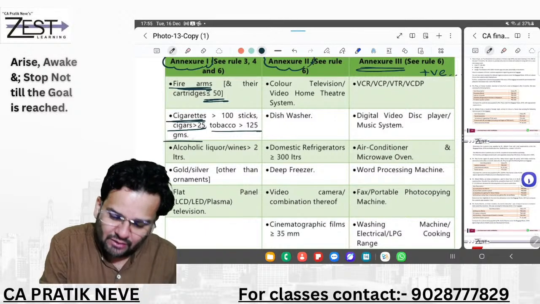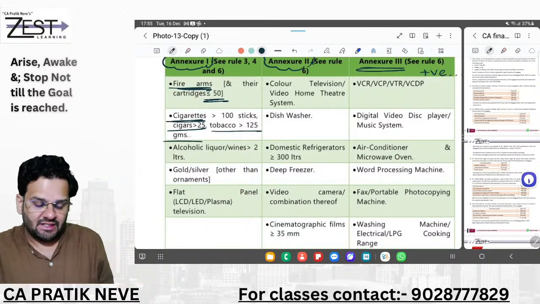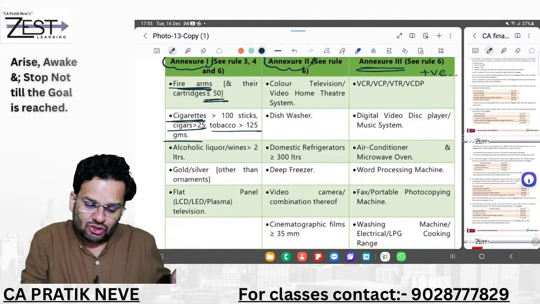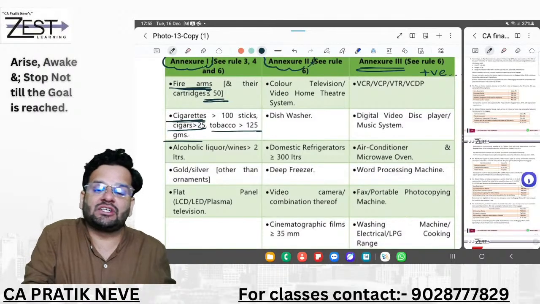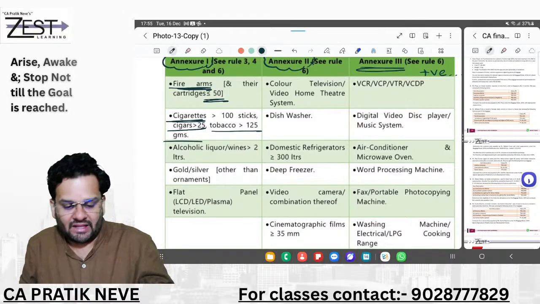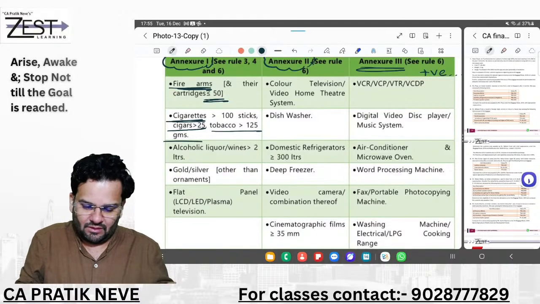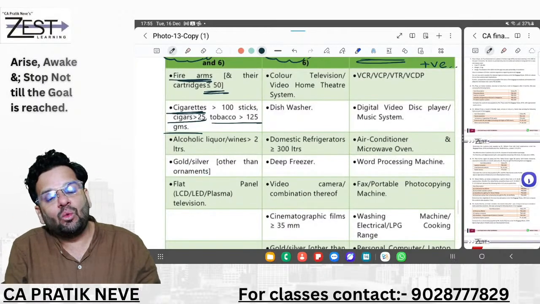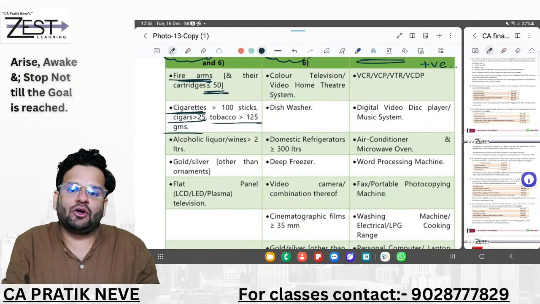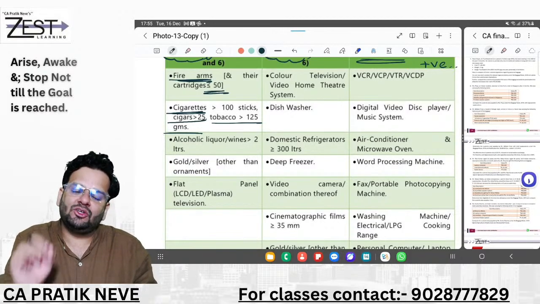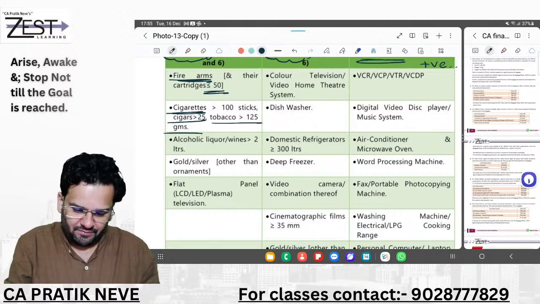Tobacco more than 125. So friends, this will fall in annexure 1. Means cigarettes in excess of 100 will fall in annexure 1. Cigars in excess of 25. Tobacco in excess of 125 grams. Firearms up to 50. So this will fall in annexure 1. If they are falling in annexure 1, what does it mean? That on that you cannot take GFA.